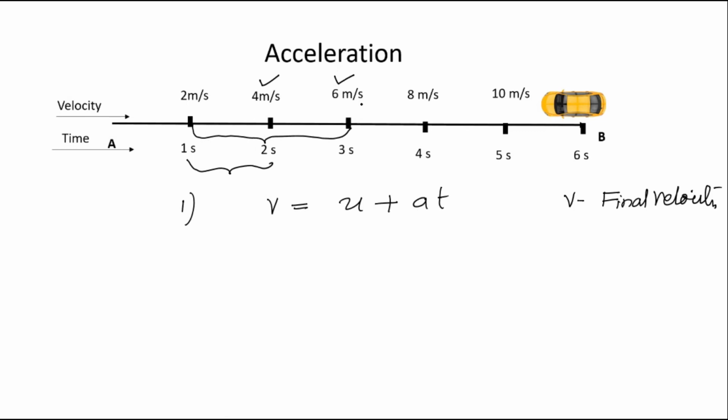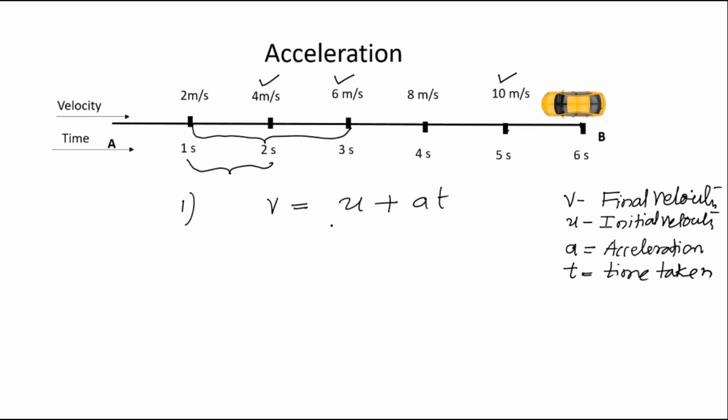If you take throughout from 1 second to 5 seconds, the final velocity is 10 meters per second. Now I hope you have understood what is final velocity. And what does u stand for? u stands for initial velocity. So please remember this. You have to be very familiar with these symbols which are used. And what do you mean by small a? Small a is acceleration. Remember. And t is time taken.